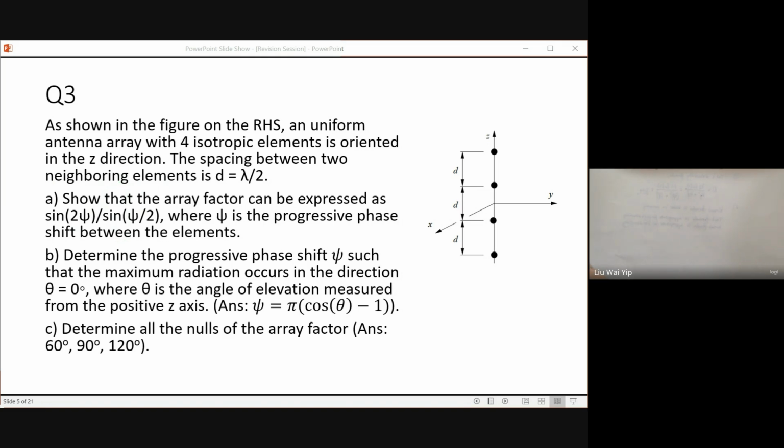We need to determine the phase shift, and we expect the antenna to be an end-fire antenna, where the maximum is towards the front end of the z-axis. And finally, we are going to work out all the nulls. The question is very simple, and we are going to work it out.